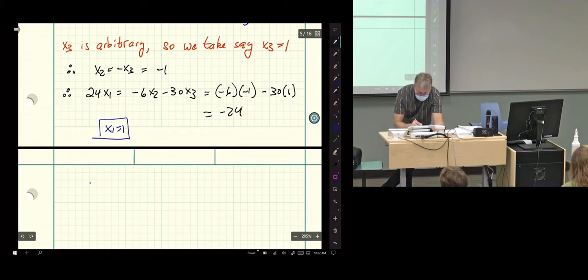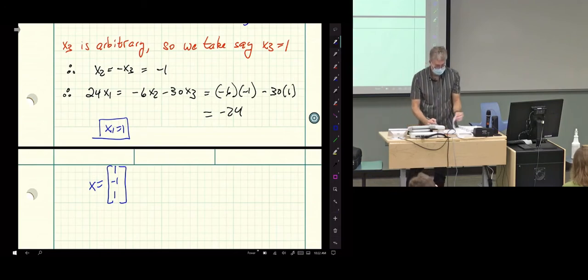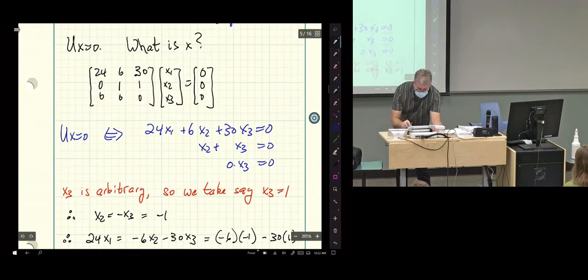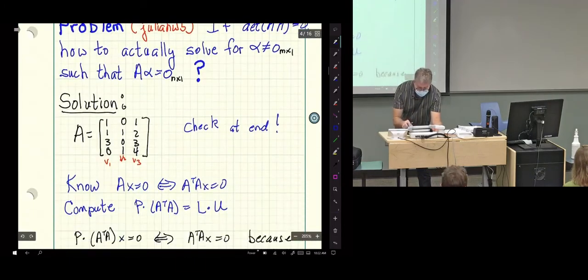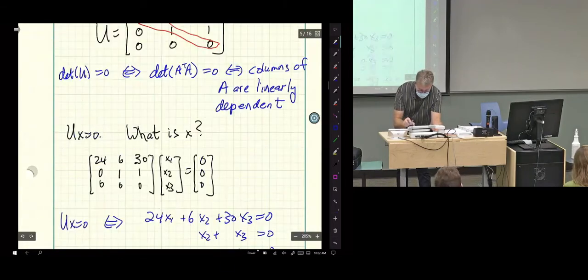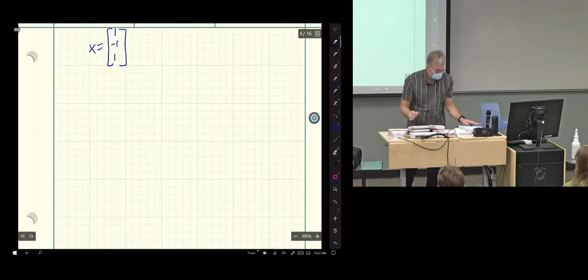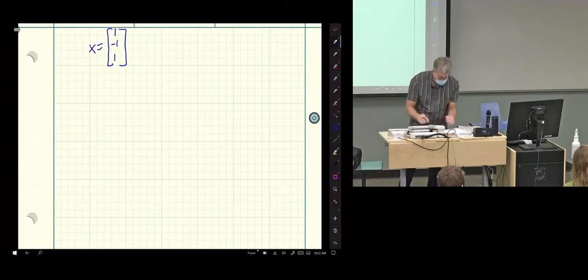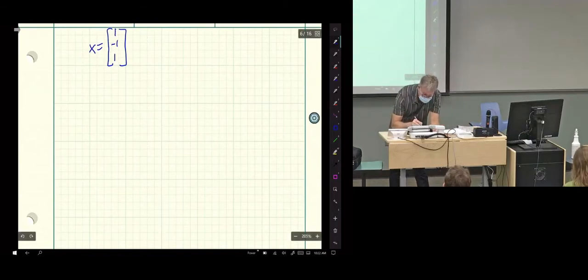Okay, so then X equals minus 1, minus 1, 1. Okay, so let's go back and just check that. It's not looking very promising, but I must have messed up my numbers because the theory says it has to work.